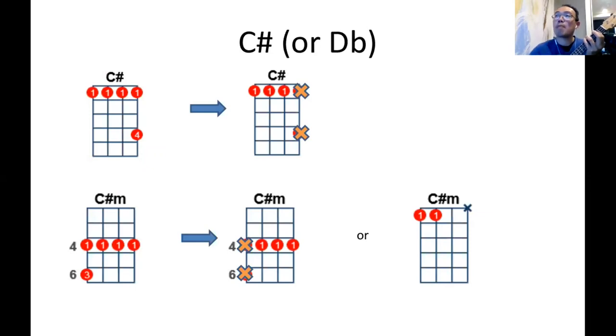C sharp is omitting the A string to make it easier. C sharp minor is that trick again, omitting the G string. Here's one where it looks easier actually, but you do have to mute the last one.